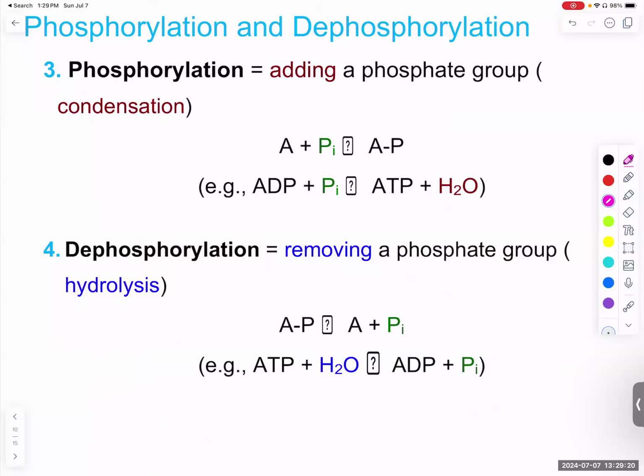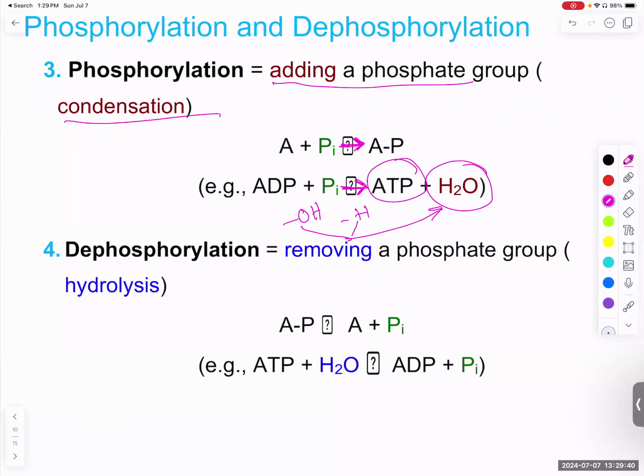Moving on, phosphorylation, just like it sounds, you're adding a phosphate group. It's also a condensation. Why? Because a lot of times we're pulling out water. So again, it's going to be a hydroxyl off one and a hydrogen off the other, getting pulled out when we bind the inorganic phosphate to adenosine diphosphate.